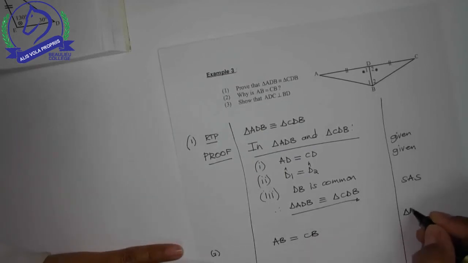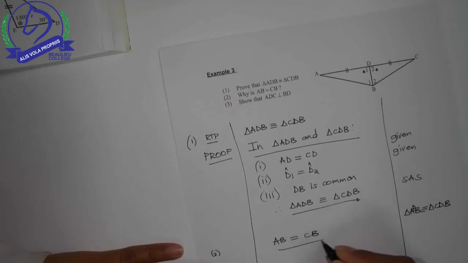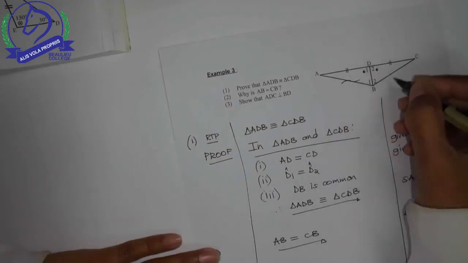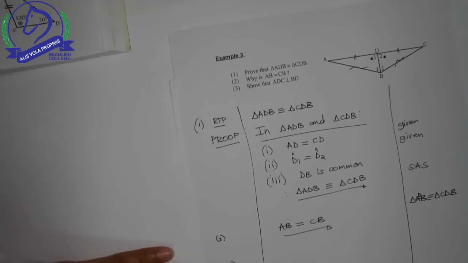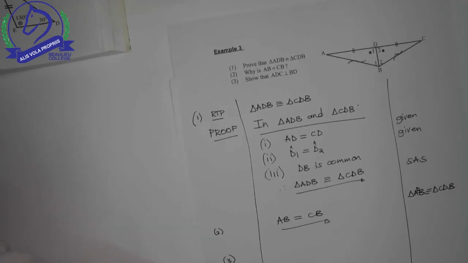Because you've just proved the triangle ADB is congruent to triangle CDB. Therefore, that side will have to equal that side. Okay, number 3.